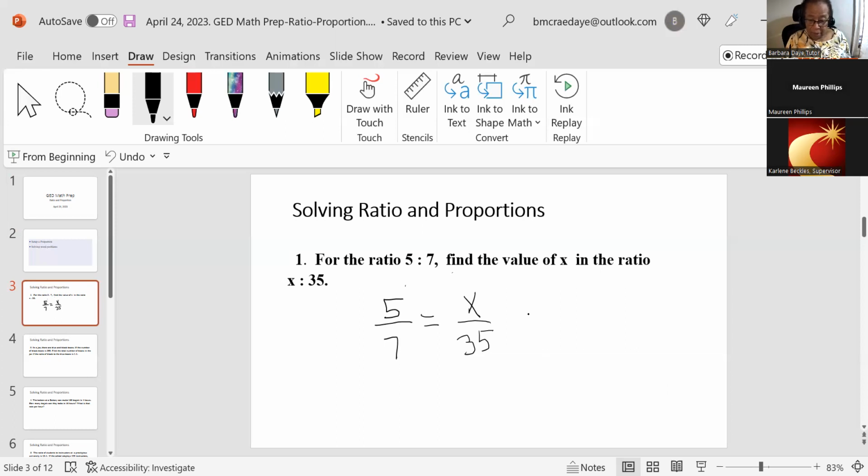Let me write it here: x equals 5 times 35 divided by 7. You got the answer, x equals 25. That's correct. So, Maureen, 1 out of 1. You're batting 100.